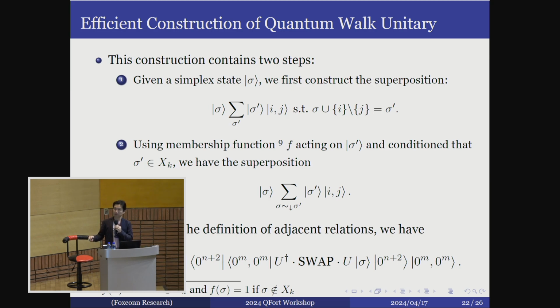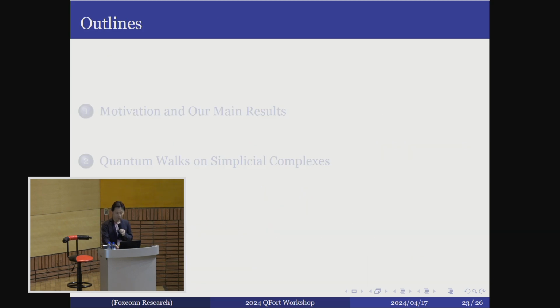We can implement this membership function efficiently in our case because the number of neighborhood edges scales as n, the number of vertices, so this implementation is also polynomial in n. So this slide shows that we can efficiently construct the quantum walk.